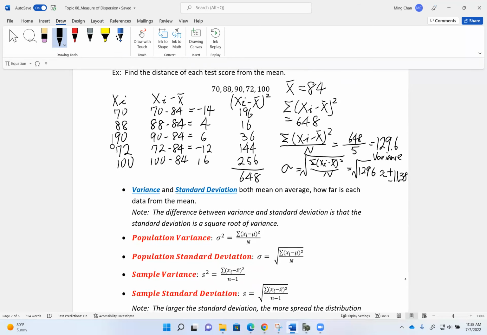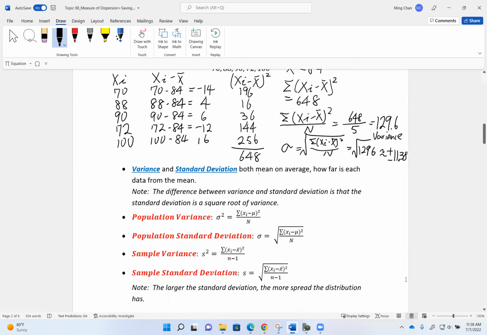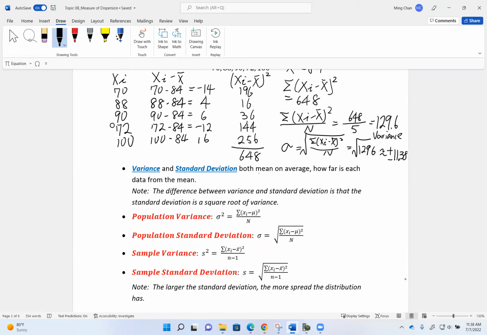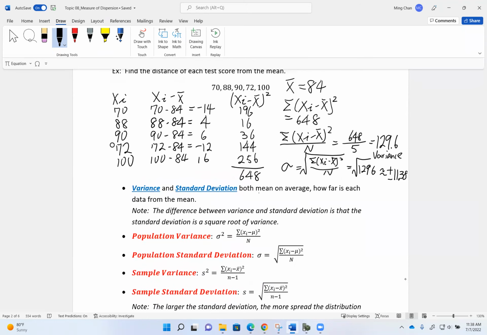So the word variance and the word standard deviation both mean, on average, how far is each data value from the mean? Okay, that's what the standard deviation and a variance represents. The difference between a variance and standard deviation is that the standard deviation is the square root of a variance. The variance was 129.6 earlier.